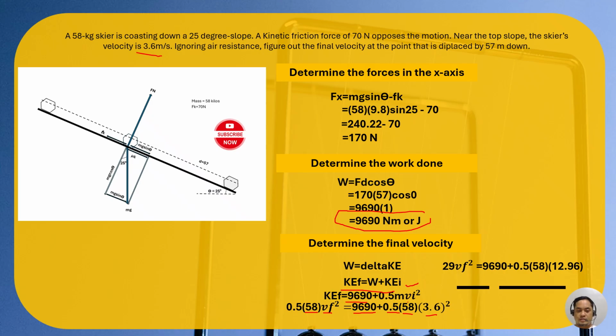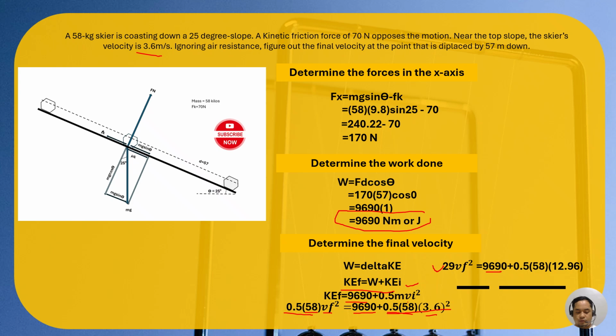So we have 0.5 times 58, so you will have 29 v final squared, and we have the work plus the value of this.